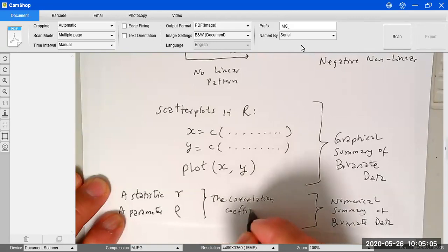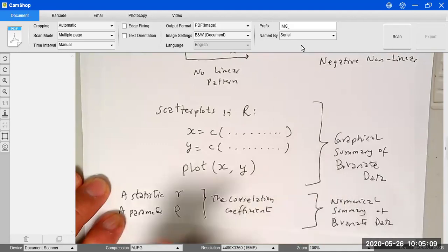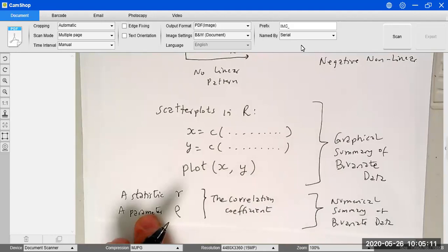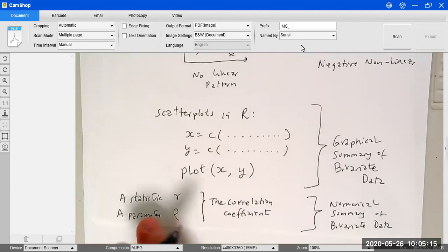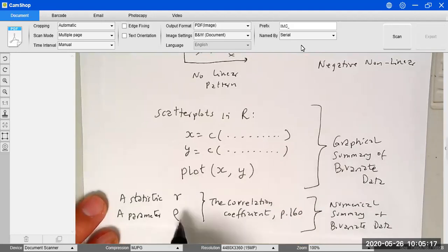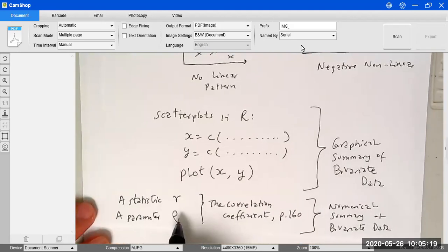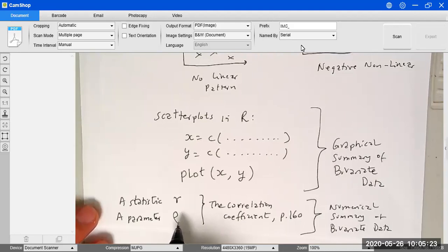You're going to find that information about the correlation coefficient on page 160. This is going to be one of our first numerical values that we're going to use to tell whether the variables x and y follow a linear pattern.